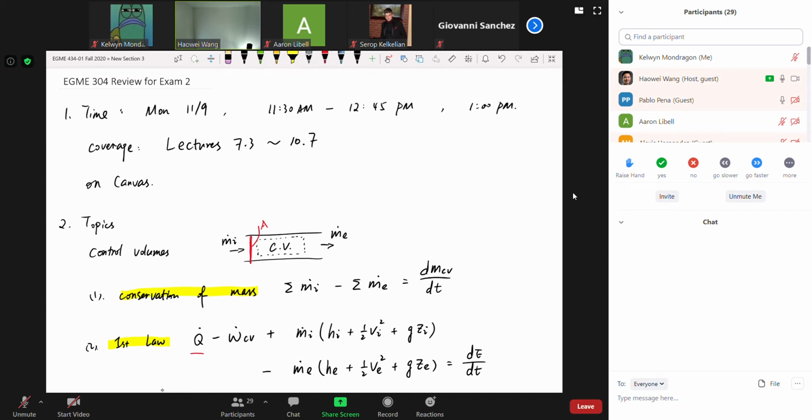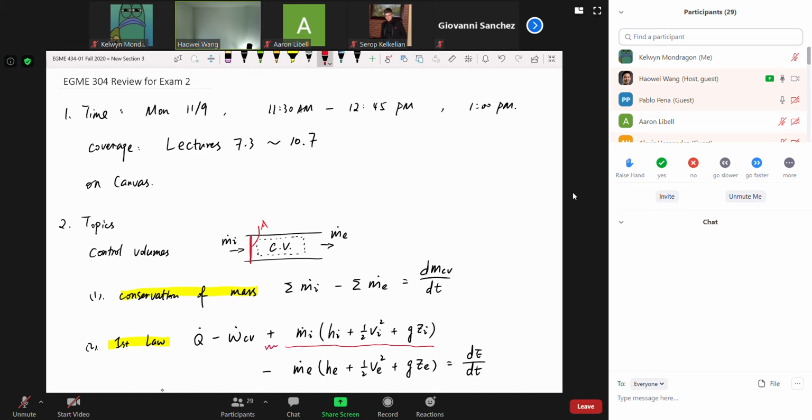Okay, and those two terms we already know, right? Q dot heat transfer, W dot work, and then you plus what? The total energy brought in at the inlet. Total energy brought in at the inlet has three components. They are enthalpy, H, kinetic energy, 1 over 2 V squared, and potential, GZ. So that's the total energy brought in at the inlet.